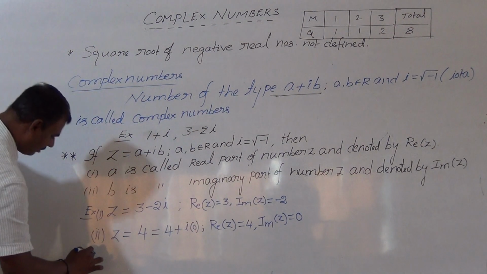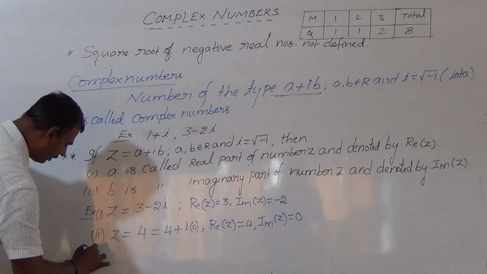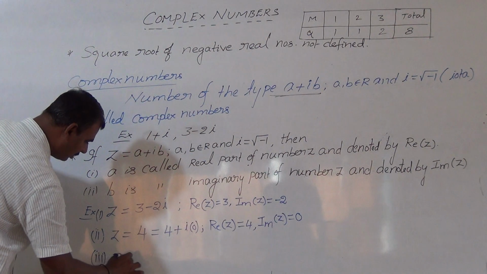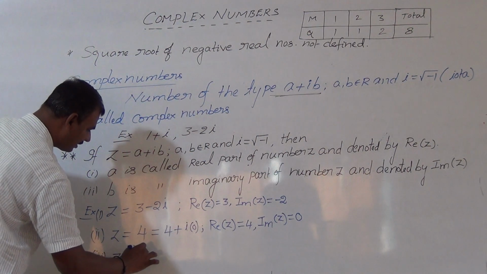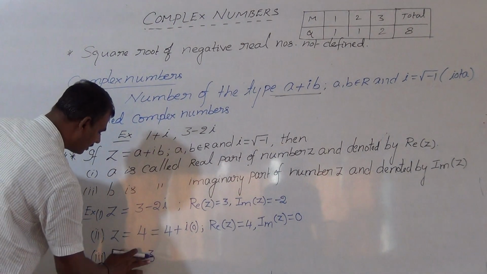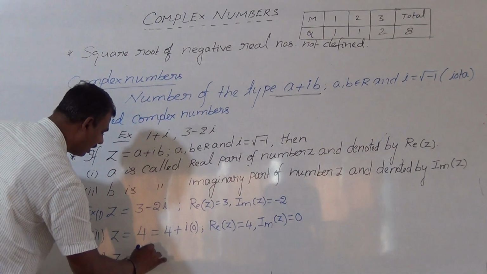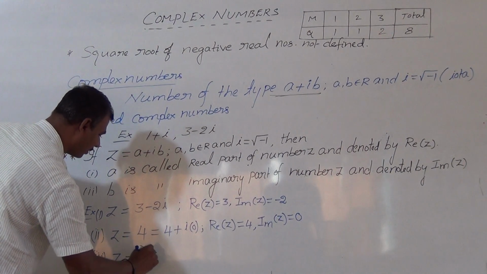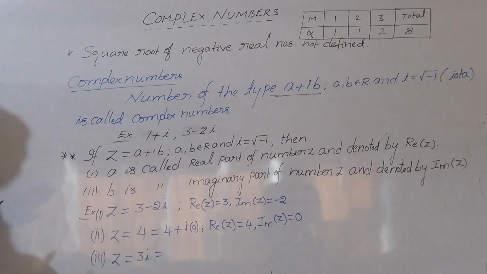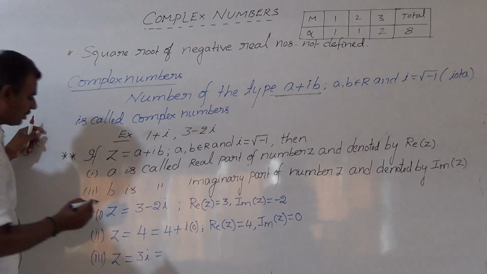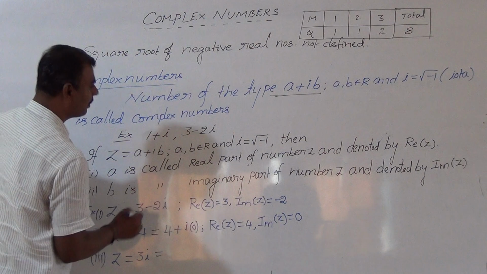Understood? Similarly, one more example. If I take z is equal to 3 iota, is it a complex number? Yes. Why? Because we should write it in the form of a plus iota b.